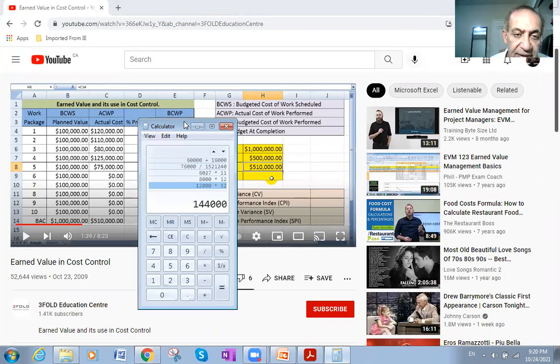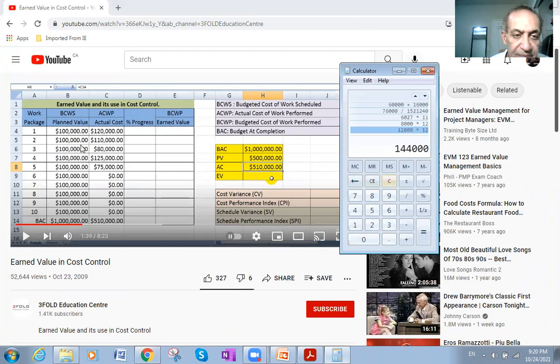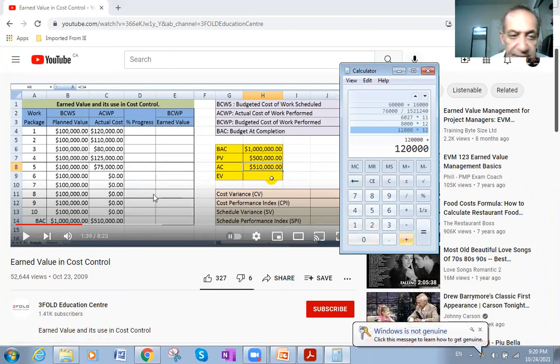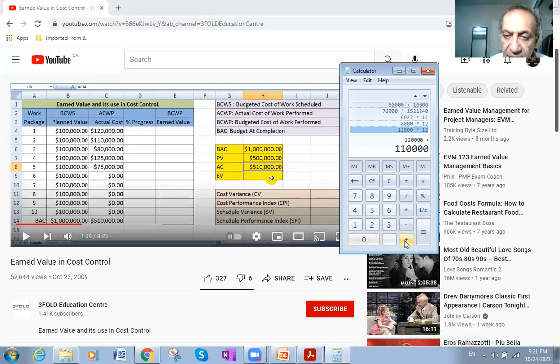So here is the calculator, and we will calculate these stages. 120,000 plus the second stage 110,000 plus 80,000 plus 125,000 plus 75,000.